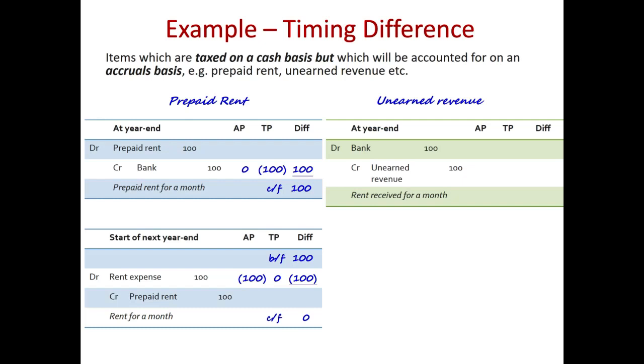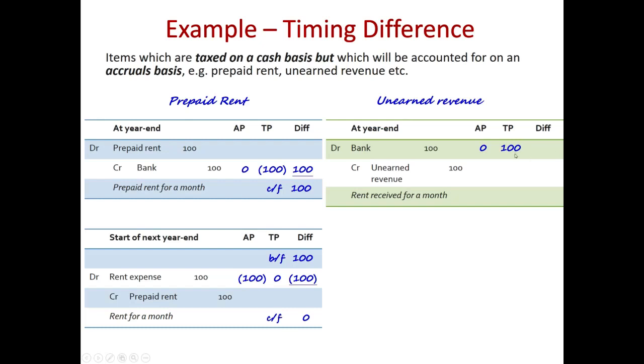If this item is taxed on cash basis, there won't be any impact at all on accounting profit in the year when you prepare this entry, because the unearned revenue is a liability, and therefore there won't be any effect on the accounting profit. But from the taxable profit point of view, because you have debited the bank and provided that the item is taxed on cash basis, that $100 becomes your income.